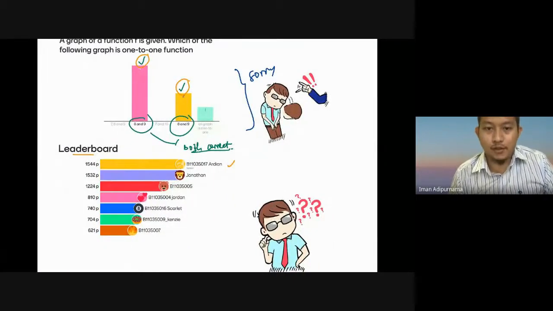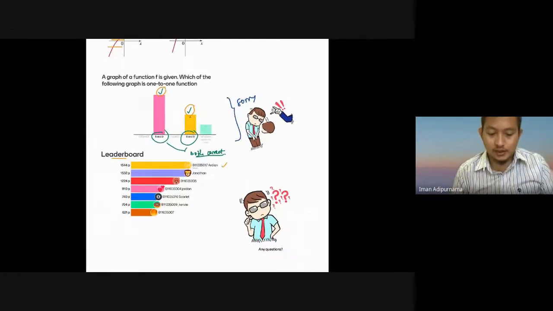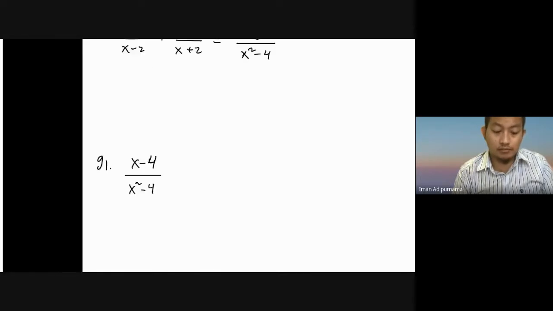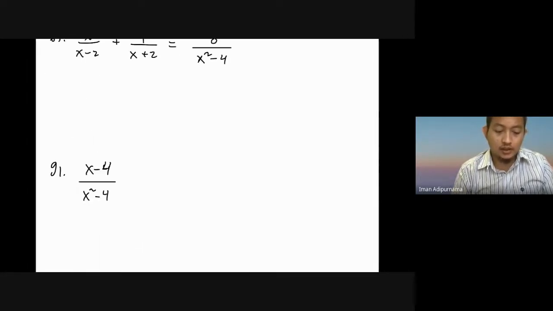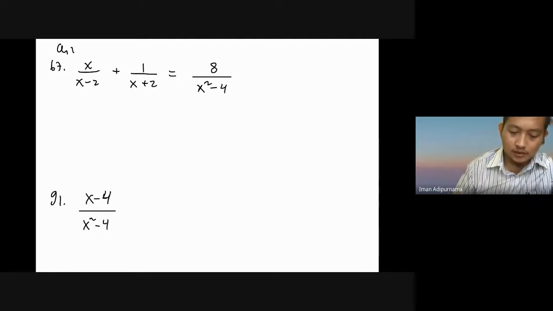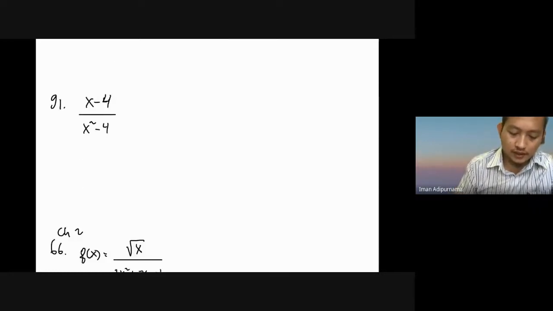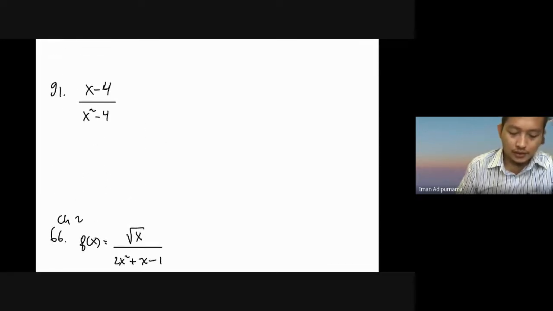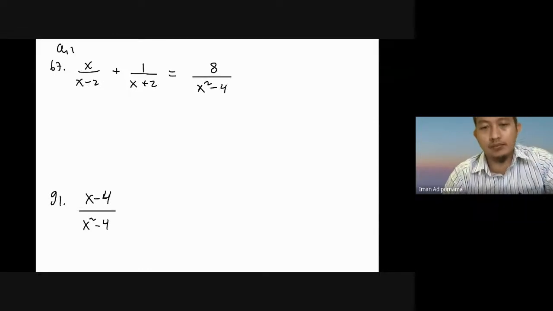Okay, I hope you get the idea from yesterday's quiz. And I checked your homework. And I decided that I think I took these three to give you some examples on how we are going to solve the questions.